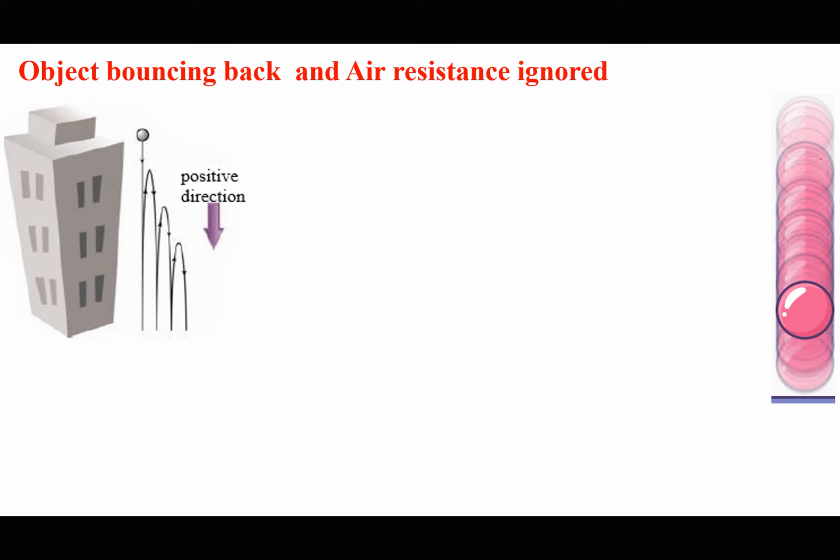From the animation, you notice that as the body keeps bouncing, the vertical height to which it rises decreases. And if the vertical height decreases, it means its maximum velocity also decreases, relative to the ground.